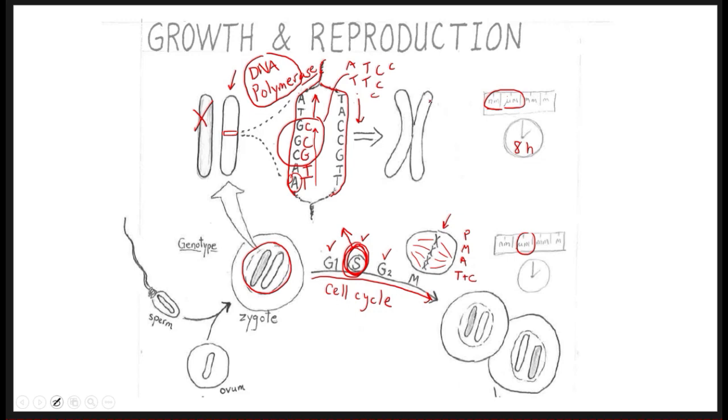And what that gives us here is sister chromatids, which you should recognize is what's down here in this cell that gets split apart in the anaphase part of mitosis. But we're kind of backing up to where did those sister chromatids come from?